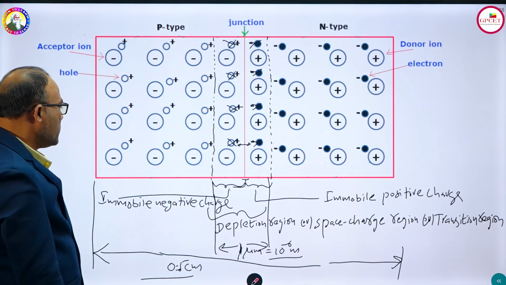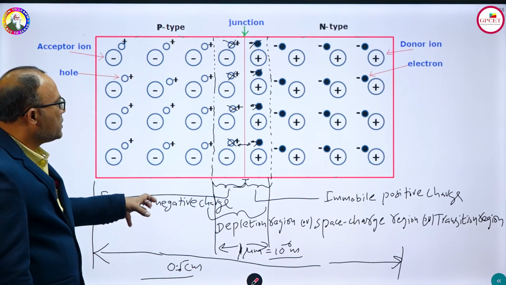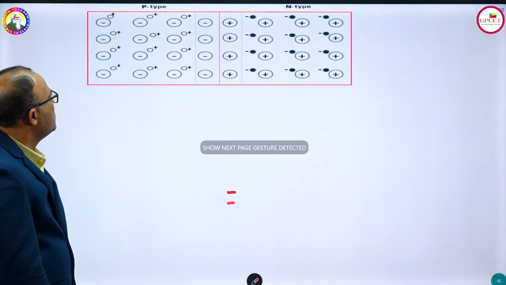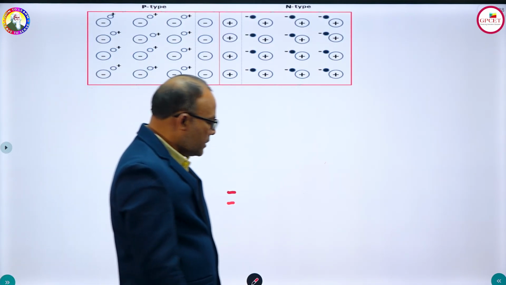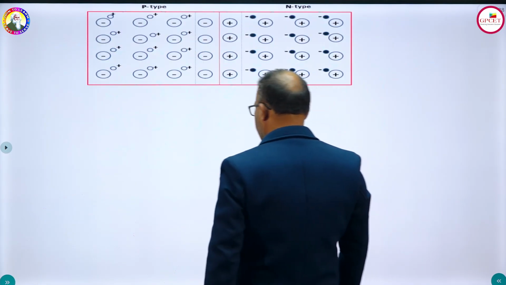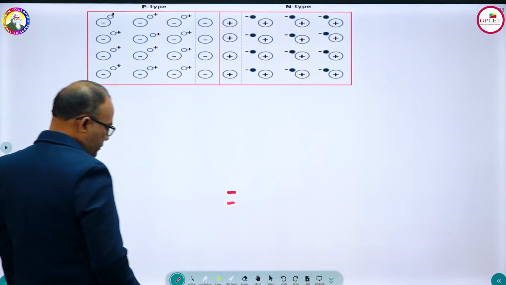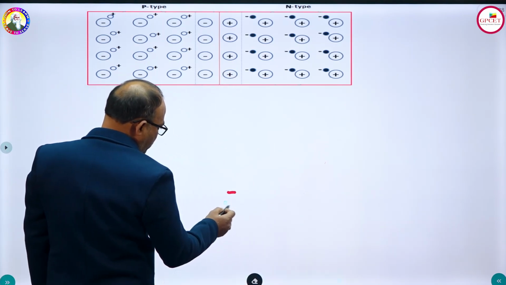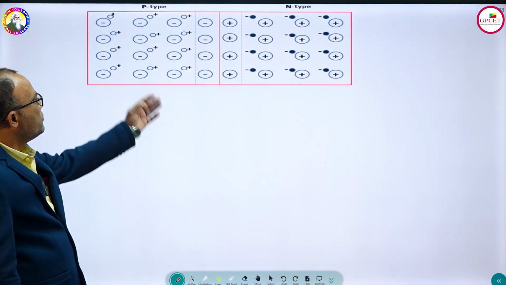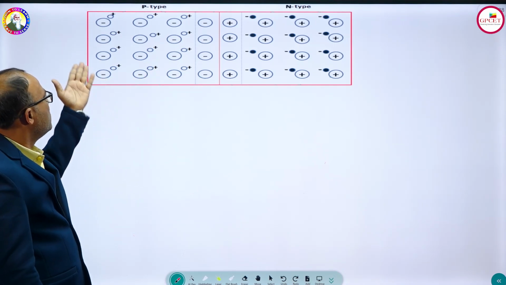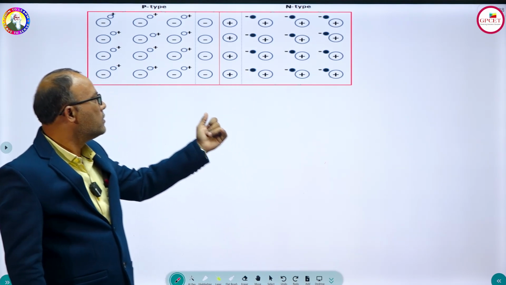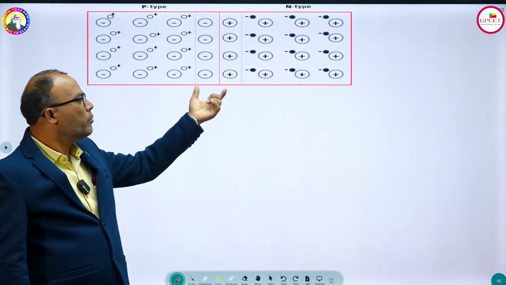Now let us see some important concepts present in this open circuit PN junction. I told you this is a p type and an n type. These are acceptor ions and holes, and this is a donor ion and electrons, and in the center is a depletion region where immobile charge is present.